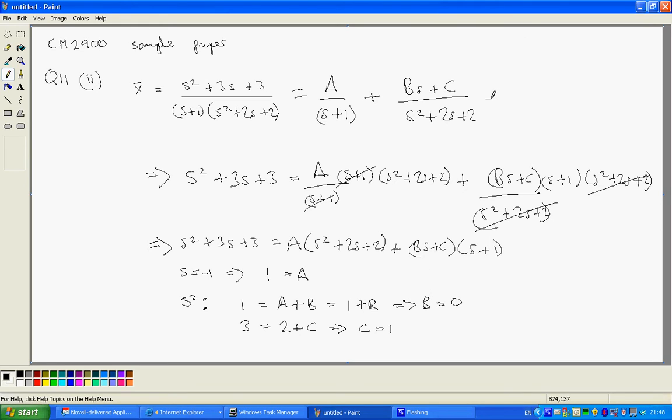So our transfer function is equal to 1 upon s plus 1, replacing A with 1, and replacing C with 1, and B of course is 0, we get 1 over s squared plus 2s plus 2, which I'm going to write as s plus 1 squared plus 1 squared.